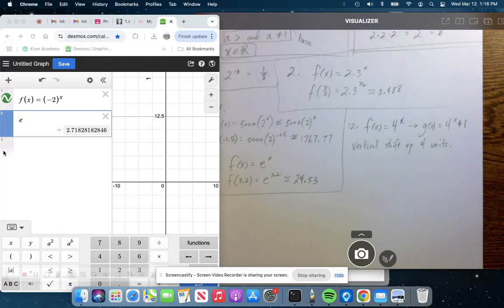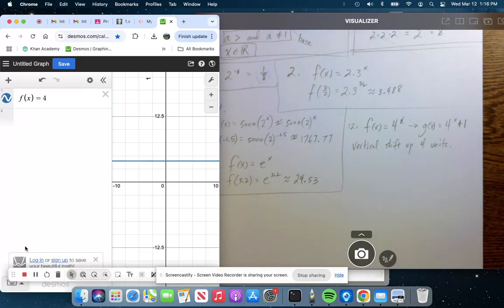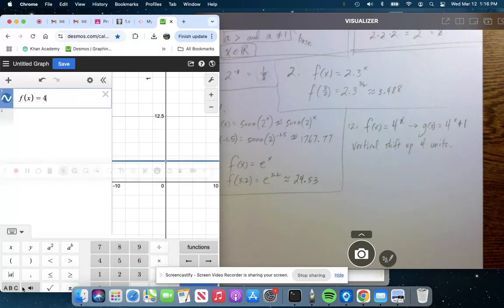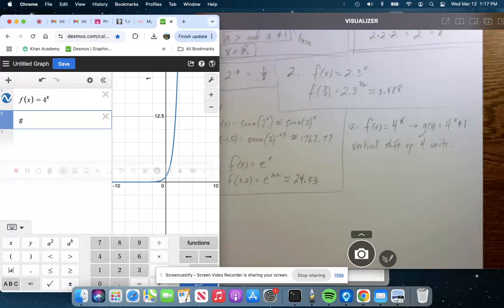And let me show you. f of x equals 4 to the x. So there's that graph. And then we'll do g of x equals 4 raised to the x. And then out from there, we're going to do plus 1.